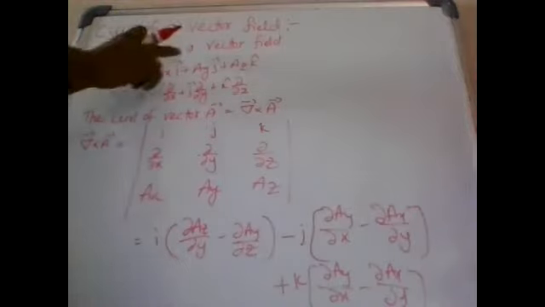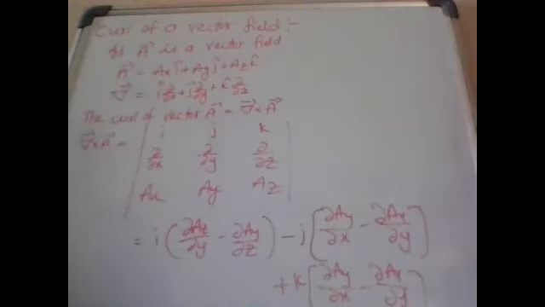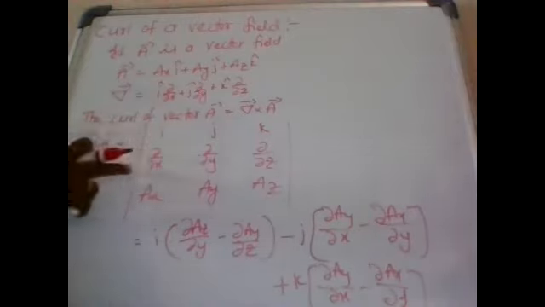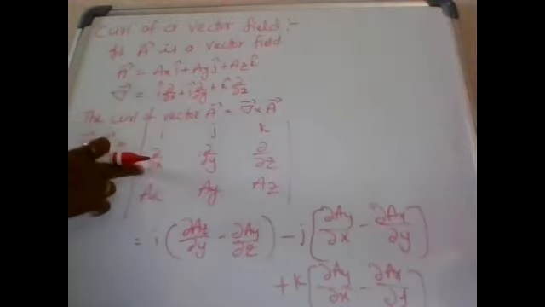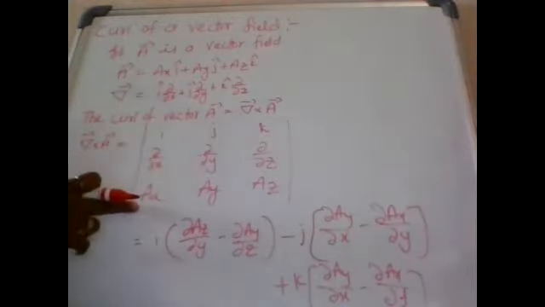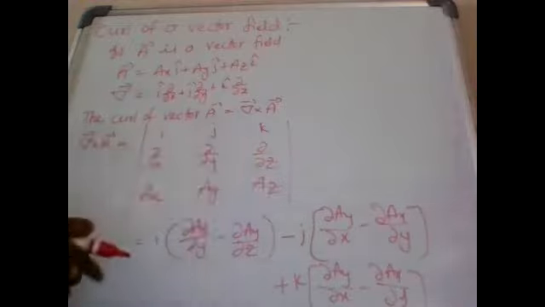If A bar is a vector field, then we can write A bar equal to A suffix x into i plus A suffix y into j plus A suffix z into k, and del equal to i dou by dou x plus j dou by dou y plus k dou by dou z. So del cross A equals the determinant of i, j, k, dou by dou x, dou by dou y, dou by dou z, A suffix x, A suffix y, A suffix z.